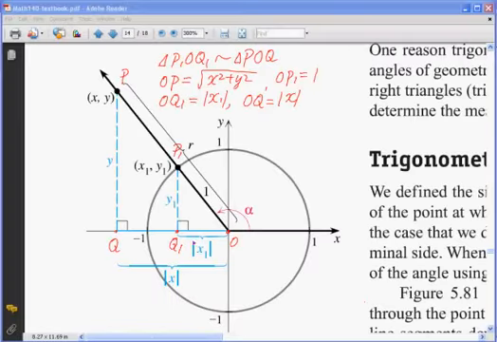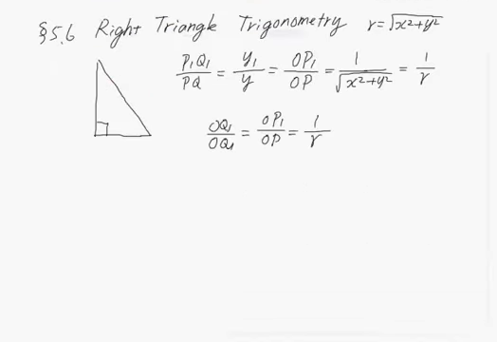OQ1, that is the absolute value of x1. OQ, that is the absolute value of x, right? So this is equal to the absolute value of x1 over the absolute value of x.